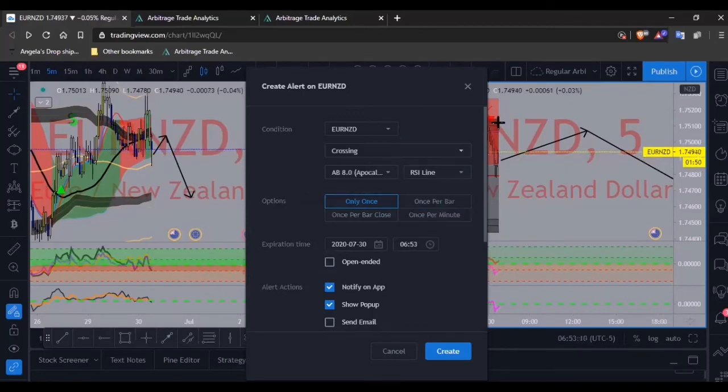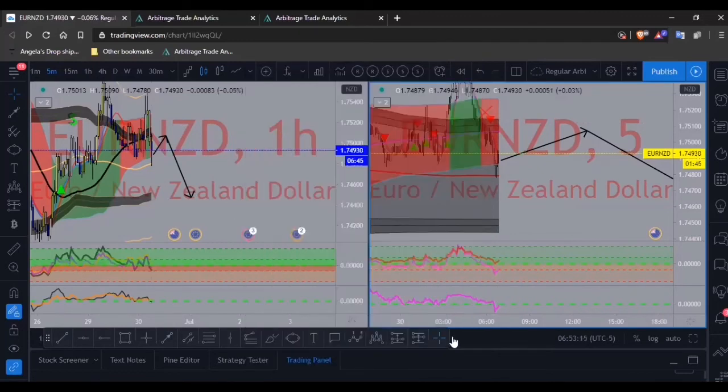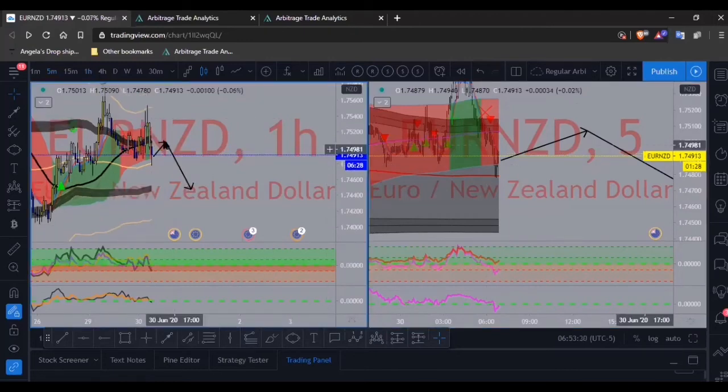So if it does retest the RSI line, then that will give me the alert to be like, hey, it's at or crossing through the RSI line. You might want to look to see if you want to get in the sell. So yeah, Euro NZD looks like it's going to call for the sell very shortly. I just would want the retest and then continuation to the downside. So we're already one way through. So yeah, that's Euro NZD. Any questions on EN?